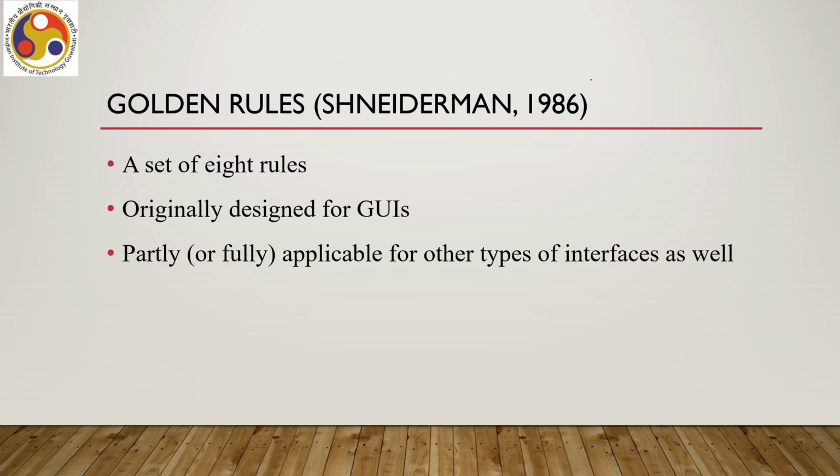As I mentioned earlier, it was originally developed in 1986, about 40 years back, and it was primarily meant for GUIs, graphical user interfaces. It is a set of 8 rules or guidelines. It can be partly or fully applicable for other types of interfaces as well, including extended reality systems. Once we go through the guidelines, you can judge for yourself whether these are applicable for any extended reality systems.